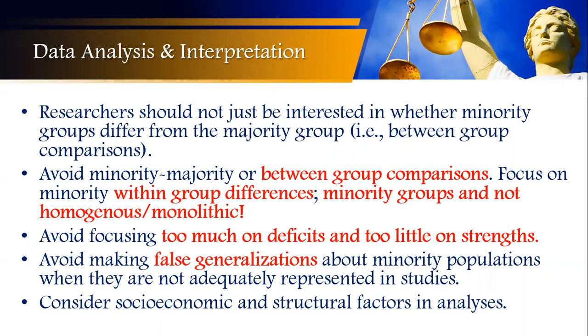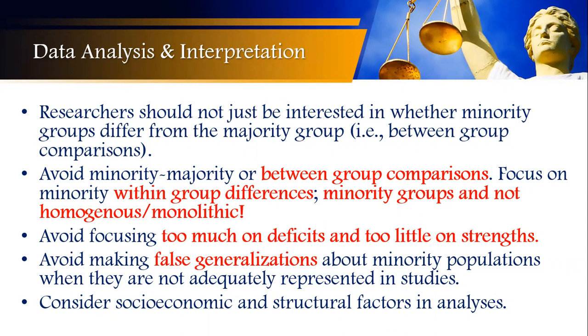Minority groups are not homogeneous or monolithic. Despite what we may think, there's a lot of variation even within certain minority groups. For example, within the African American community, there's a great deal of variation, or within the Hispanic community, or even within the Asian community, right? So no matter what group you look at, there's a lot of variability within that group, and that's something that we need to better understand.